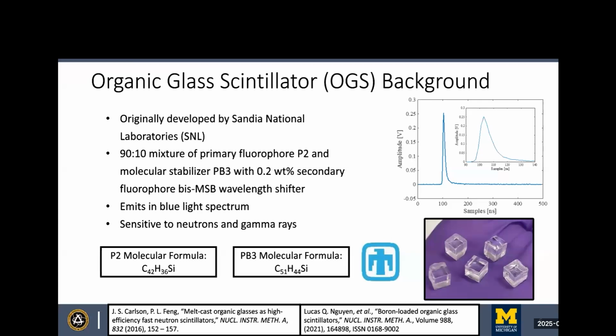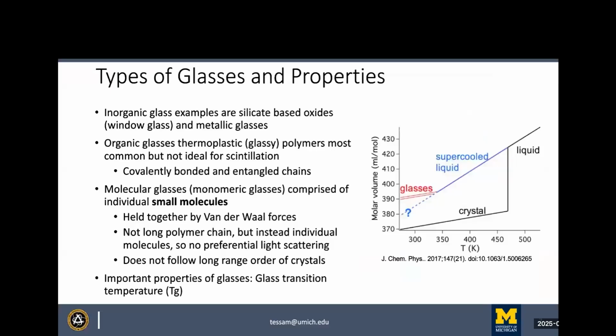This wavelength shifter shifts the emissions even further into the blue visible light spectrum. And the organic structure of the primary fluorophore is sensitive to both neutrons and gamma rays. Over there, you can see on the right a plot of the pulse signals up on the top right and some cubes on the bottom.